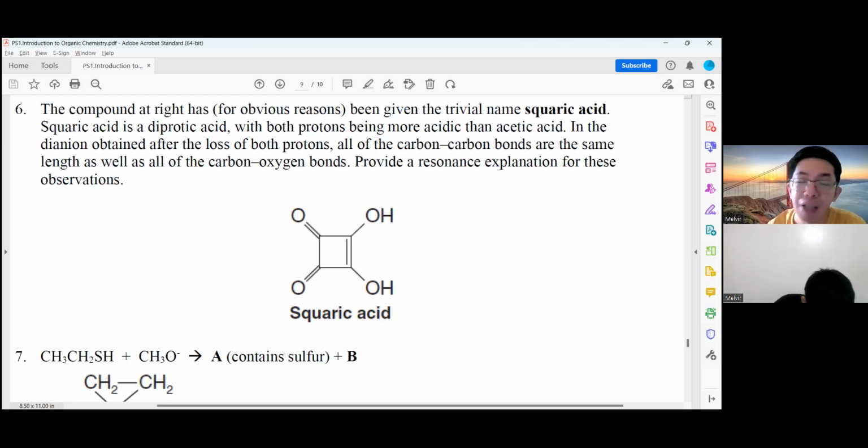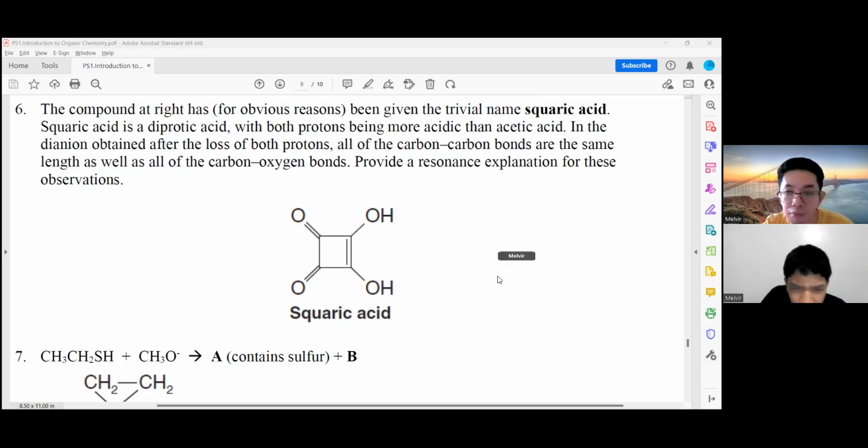Ayan. So, feeling ko abot tayo hanggang item 7. Sige, go ahead, Josh. So, give me the resonance structures. Yun yung shortcut. So, give me the resonance structures for that one.